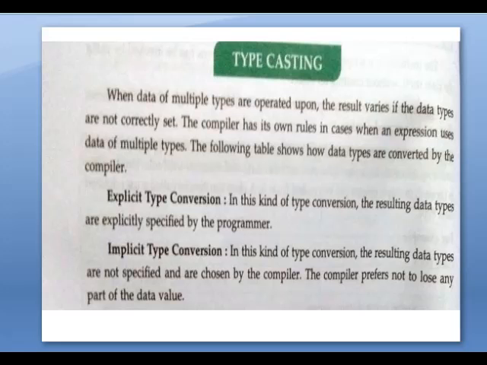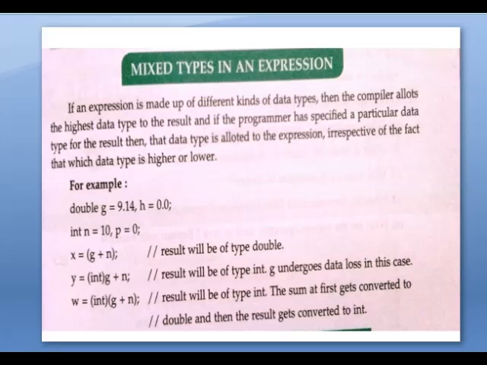The next one is mixed types in an expression. If an expression is made up of different kinds of data types, then the compiler assigns a higher data type to the result. If the programmer has specified a particular data type for the result, then that data type is assigned to the expression irrespective of whether it is higher or lower.